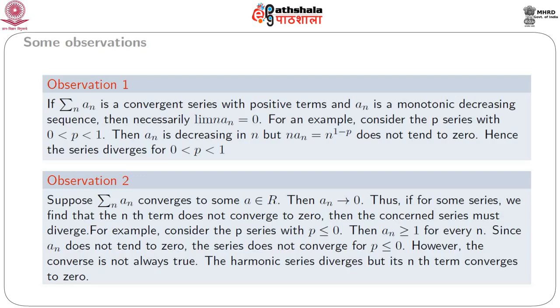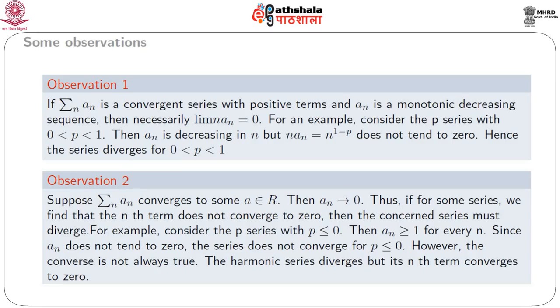It can be proved using the definition of partial sums. One can express an as Sn minus Sn minus 1, where Sn is the nth partial sum, and since the series converges, Sn also tends to a and Sn minus 1 also tends to a. So therefore, we get the limit of an as 0.